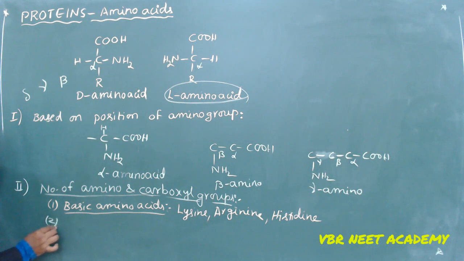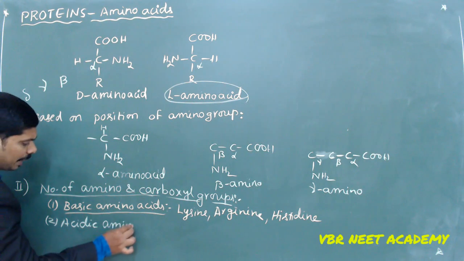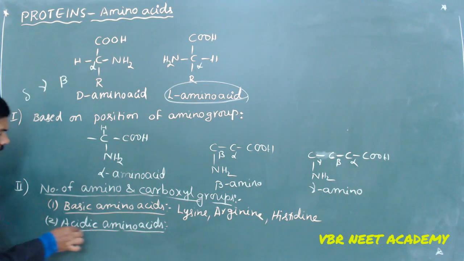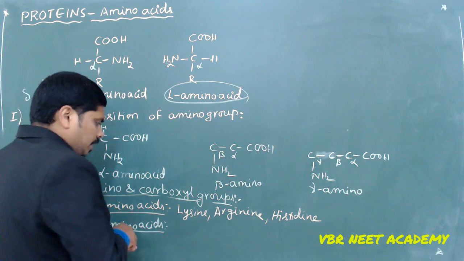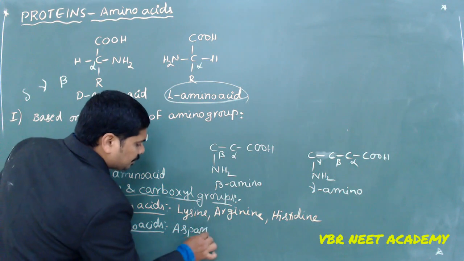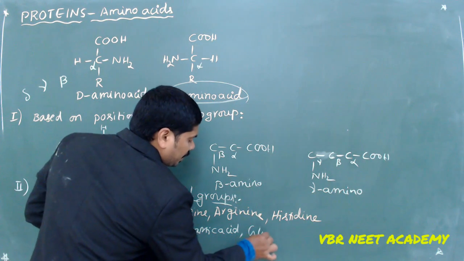Second one, if we are having one extra carboxyl group, I am going to call them as acidic amino acids. They are going to have one extra carboxyl group. The names we can write: aspartic acid, glutamic acid.